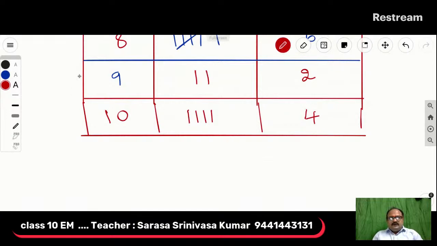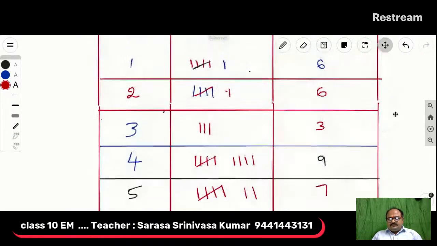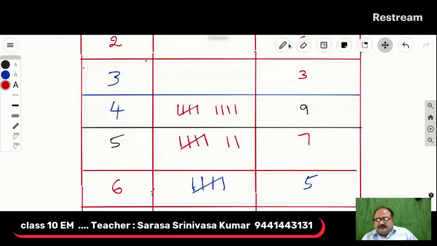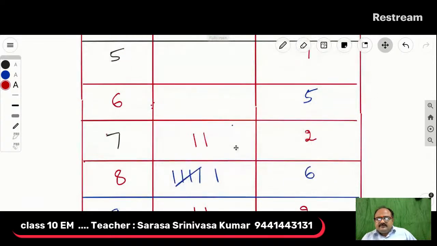Now the table is ready. Marks, tally marks and number of students. Here, 6 students got 1 mark. So, how to write this tally marks now? Let us write it again. You must learn how to write the tally marks.